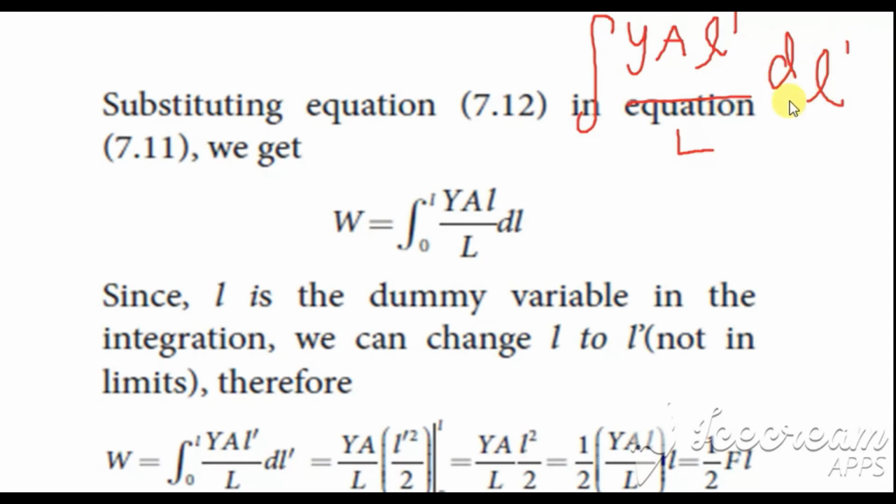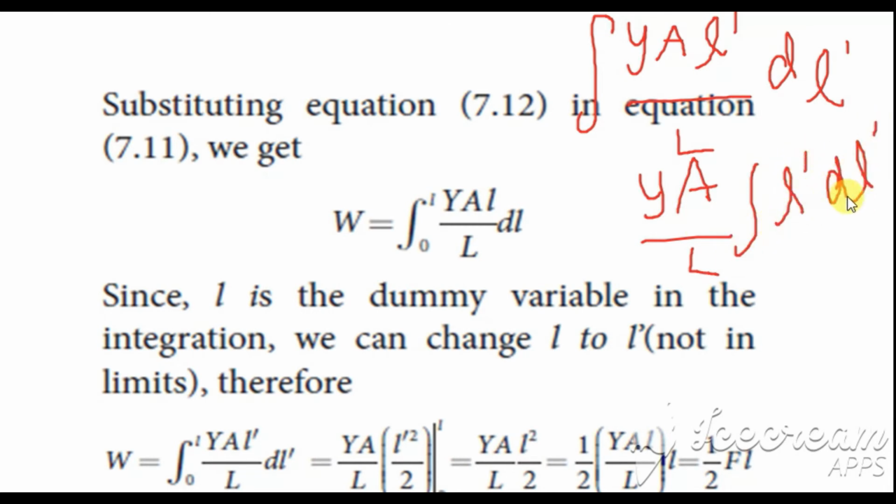Now YA by L is constant, so all the other terms we take out, and what remains to integrate is l dash into dl dash.